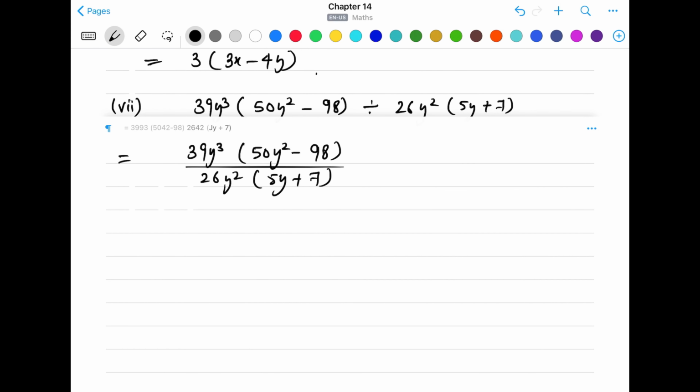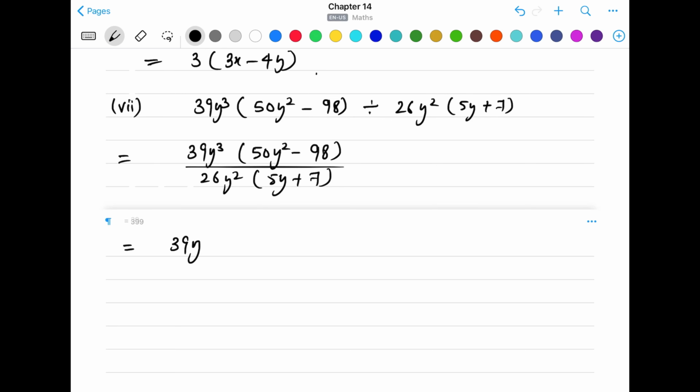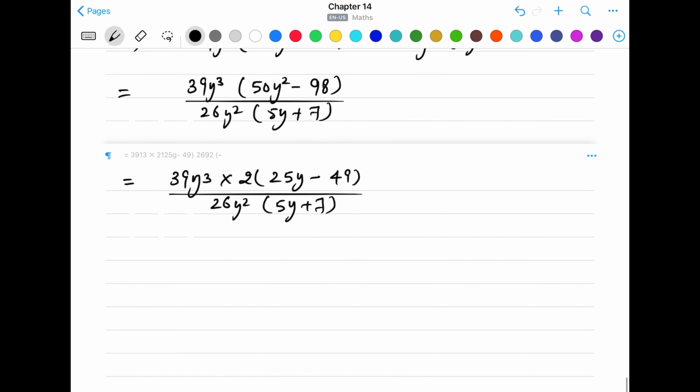Let's write this now: we have 39y cube into, after taking 2 common from 50y square minus 98, we're left with 25y square minus 49. And in division we have 26y square into 5y plus 7.